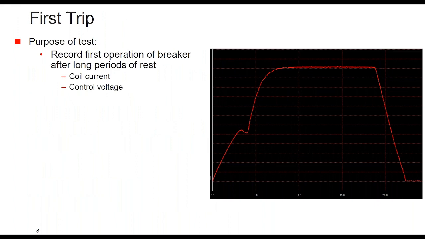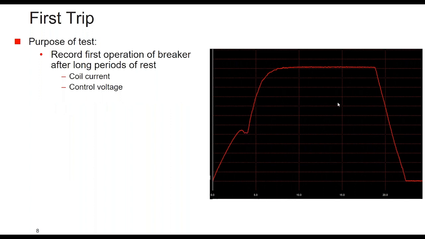So as a first trip test, you can first start with recording the coil current, and optionally also record the control voltage, how much voltage dip happens during this operation. For the coil current, you can see there is a unique profile, two jumps: a first small jump and then a long jump.